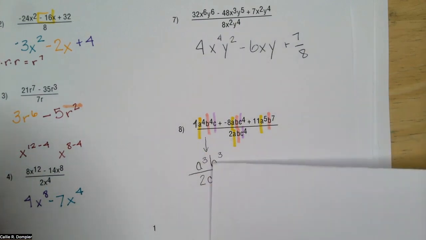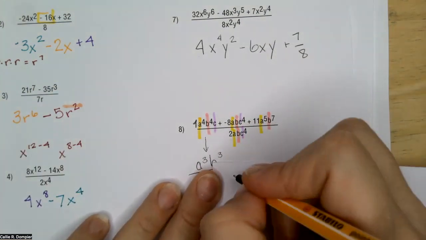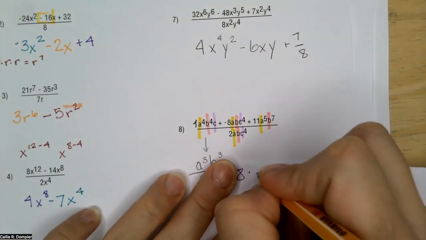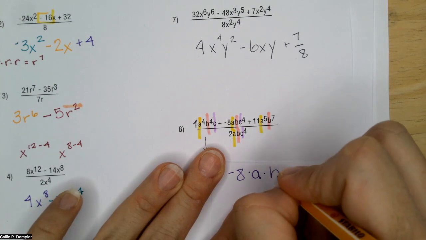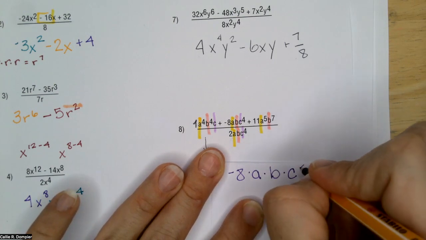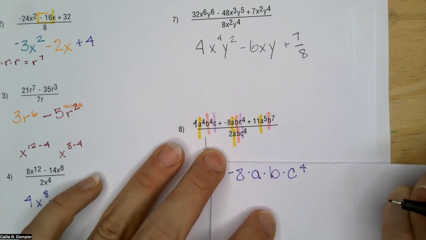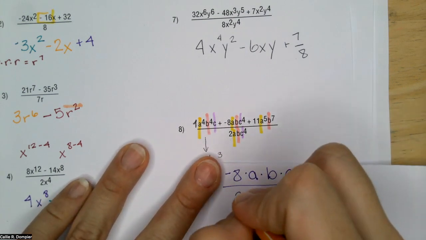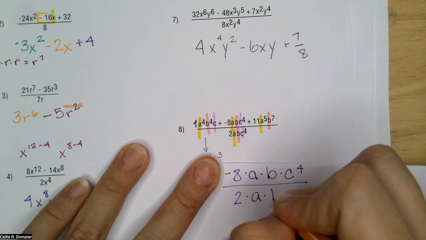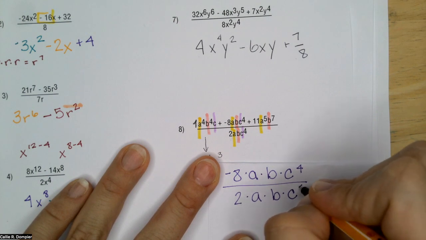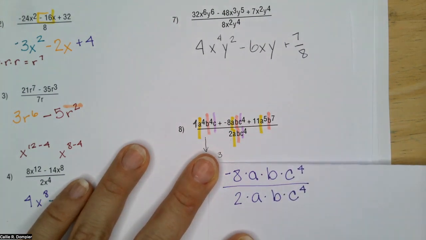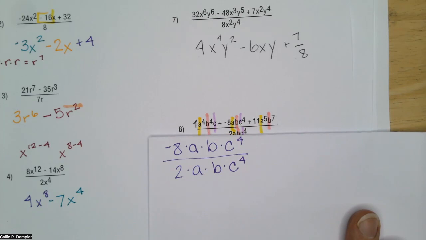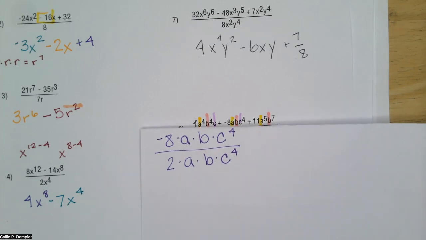Next piece is negative 8 a b c to the 4th divided by 2a b c to the 4th. You can do it the long way or not the long way.